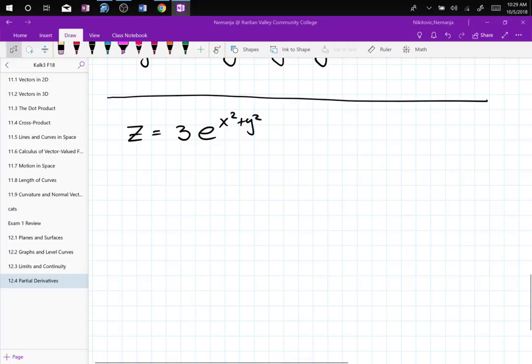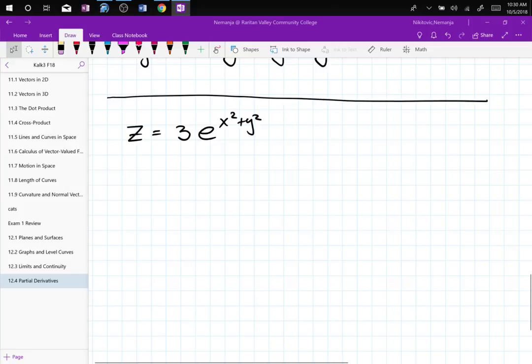So, partial derivative. This problem is very important for 2 different reasons. Reason number 1 is exponential and very high frequency because it actually converts into polar later on and all of that stuff. The second reason is this particular type of function is symmetric.